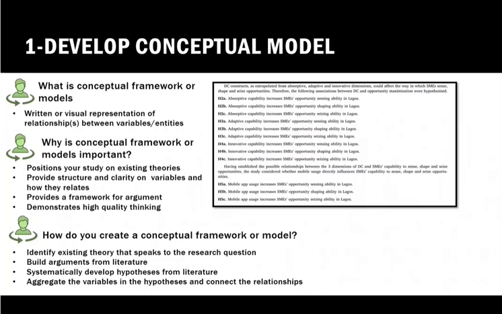And I'm going to give an example. Okay, so this is an example. If you look at one of those papers that I sent to you, I think the one about structural equation modeling, I built these hypotheses from the literature.